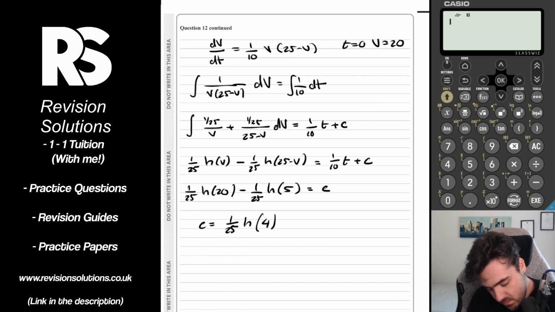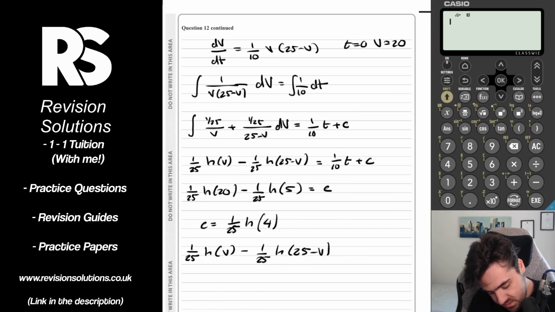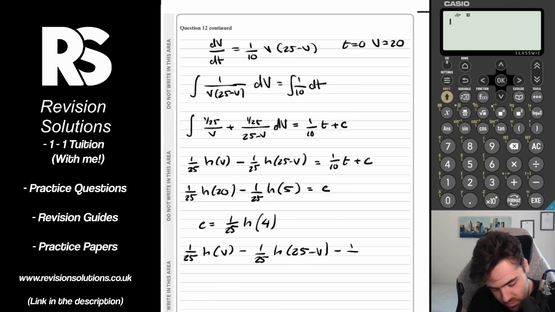So let's write out our equation again, actually using our plus c that we found. And let's bring it to the other side as well. If it's plus c there, it would be minus c on the other side. So minus 1 over 25 natural log of 4 equals 1/10 t.